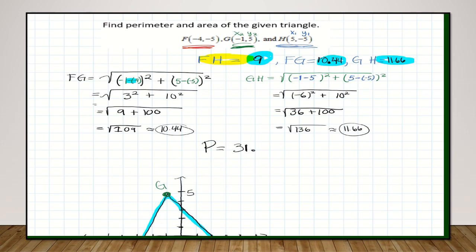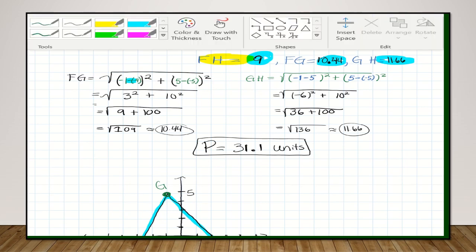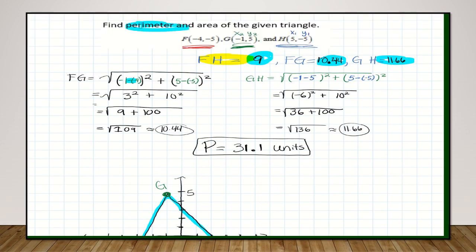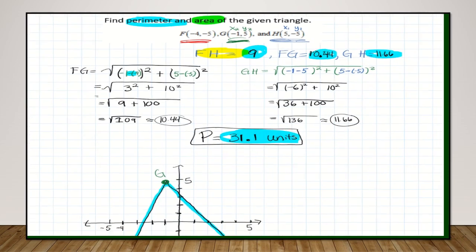Let's find out exactly what it is. There's my length. I'm not given any specific units, so I'm just going to label it units. All right, and perimeter is what requires the most work.